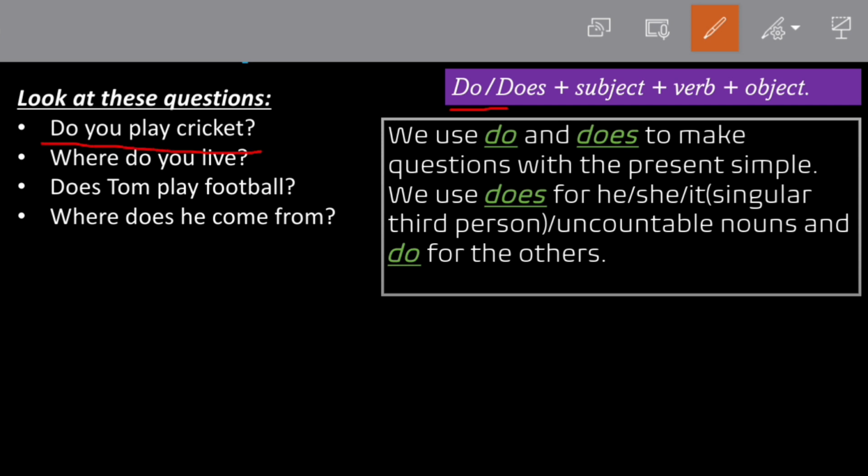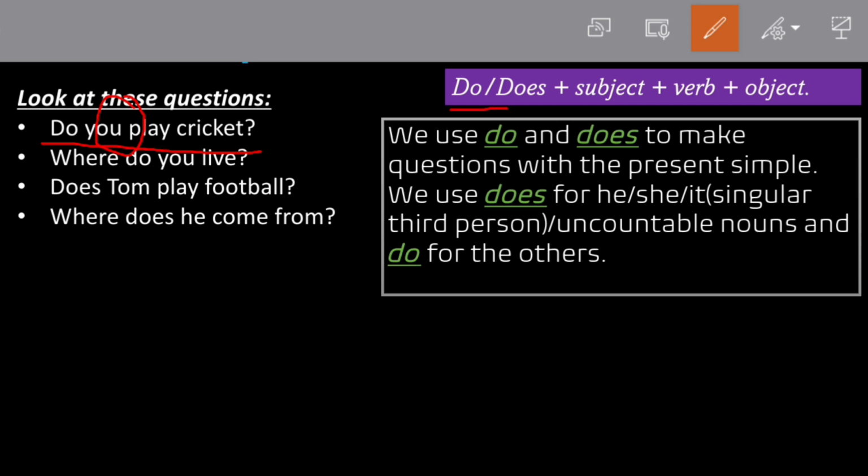Here the subject is you, so we use do for that. And the second case, where do you live? Same. And does Tom play football? Here, Tom is singular, so we have used does here. And also, where does he come from? Same.